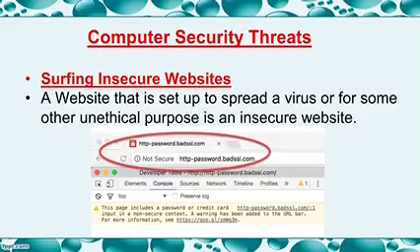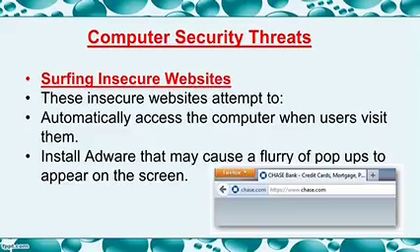Now move to the third factor, that is surfing insecure websites. A website that is set up to spread a virus or for some other unethical purpose is an insecure website. And what are the consequences of an insecure website?